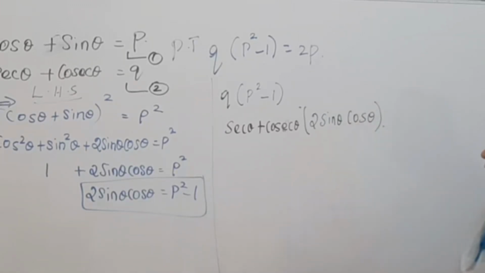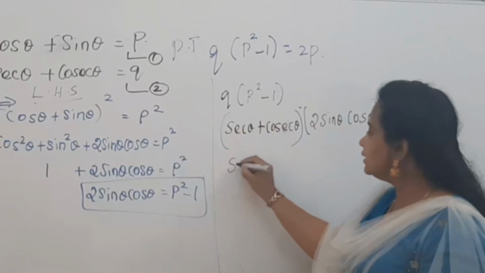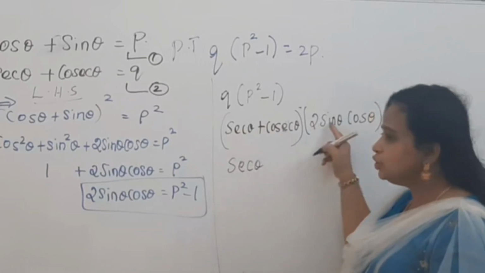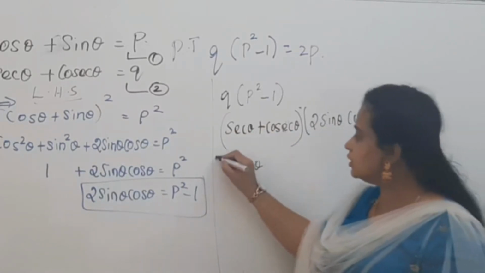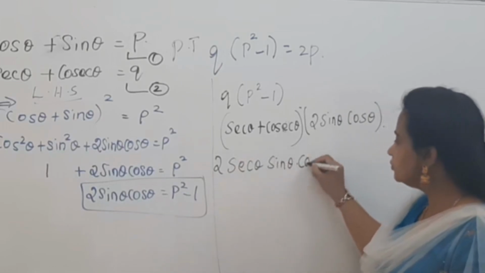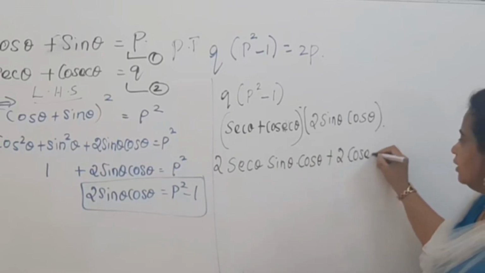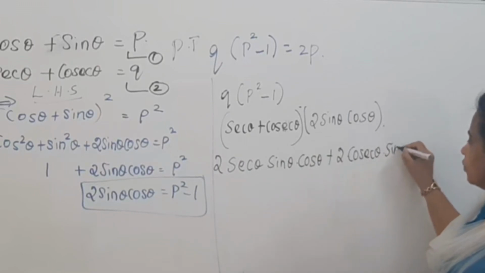So this is my LHS I am bringing. Now please multiply. That is sec theta, I am multiplying 2 into sine theta cos theta. So 2 comes here into sine theta cos theta, plus 2 into cosec theta into sine theta cos theta.